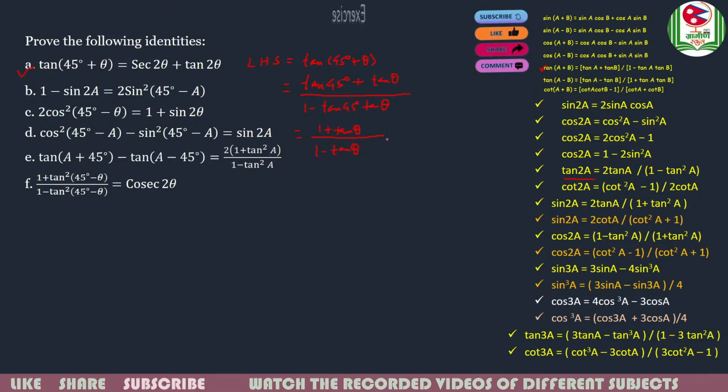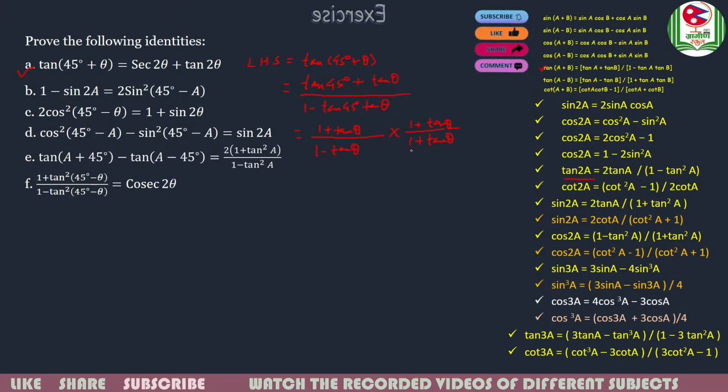If we multiply both numerator and denominator by 1 plus tan θ, then we will obtain 1 minus tan squared θ in the denominator, which is the denominator for tan 2A.